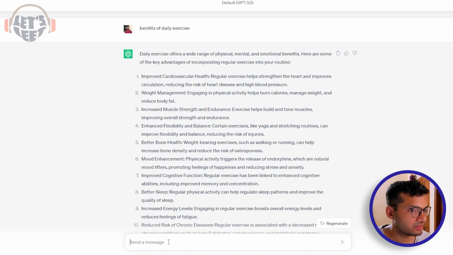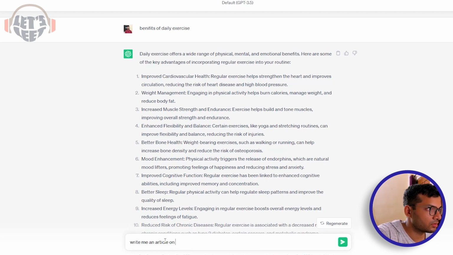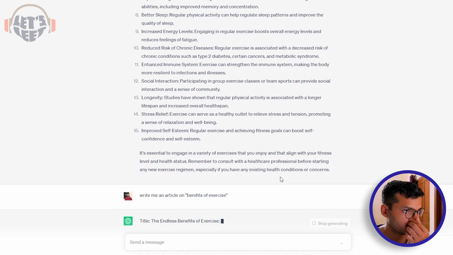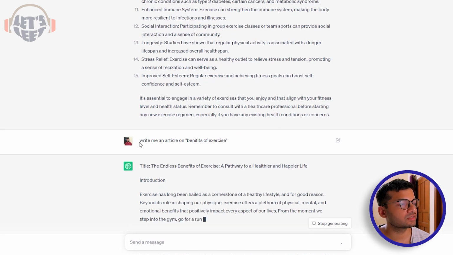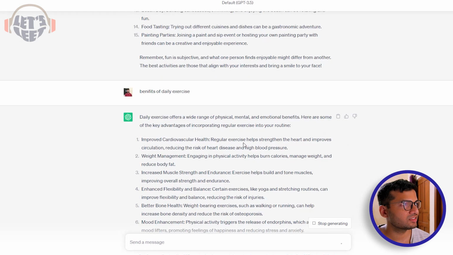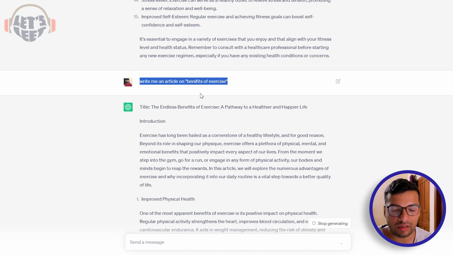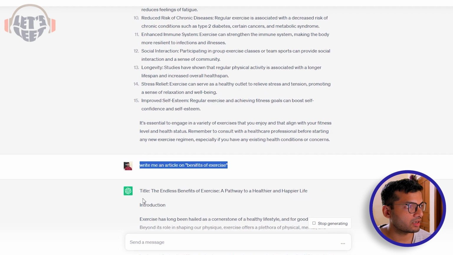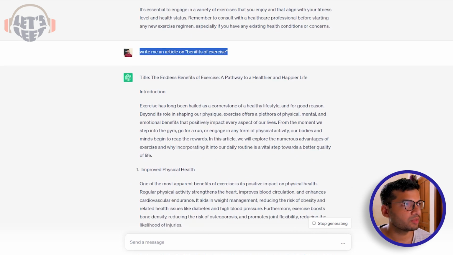Okay, so what I can say is, if you see, I asked the same thing but in a different way, defining a clear purpose of me asking that question. So मैंने बोला write me an article on benefits of exercise. So it wrote me a well defined article on the benefits of exercise.